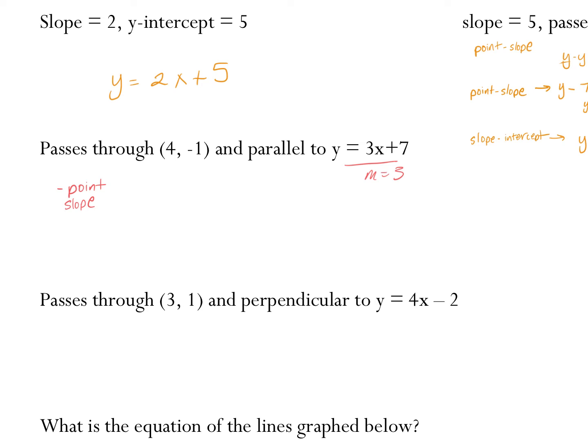So go ahead and do that point-slope form for me real quick. How'd we do? Do we all catch that negative? Minus y minus negative 1 would be y plus 1. Minus a negative is a positive. Yeah?